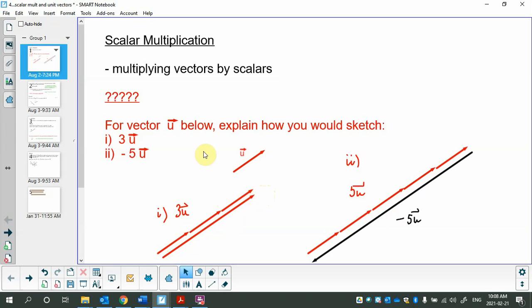As opposed to when I multiply it by a negative value, this distance here is exactly the same as this distance, and it doesn't matter what the direction is. So it's 5 times whatever the original distance was.